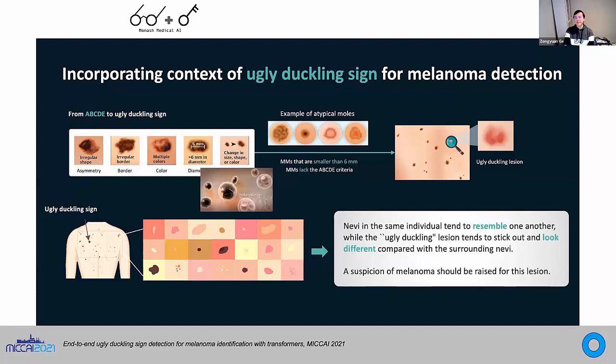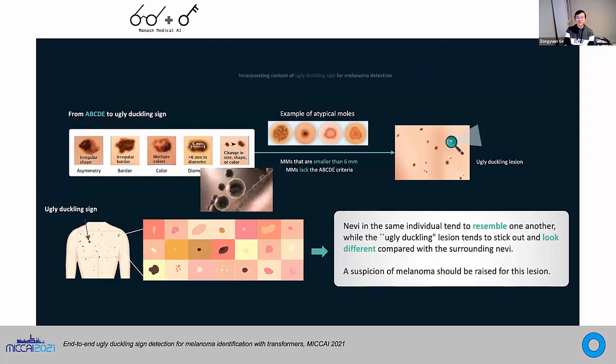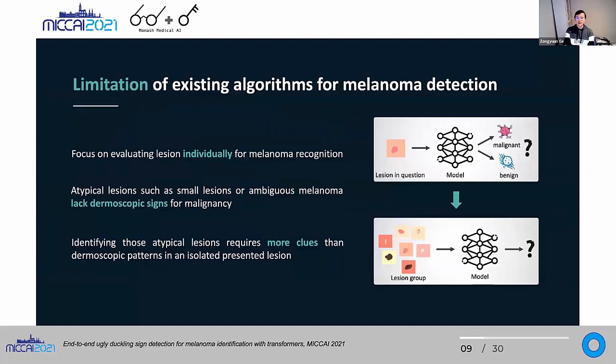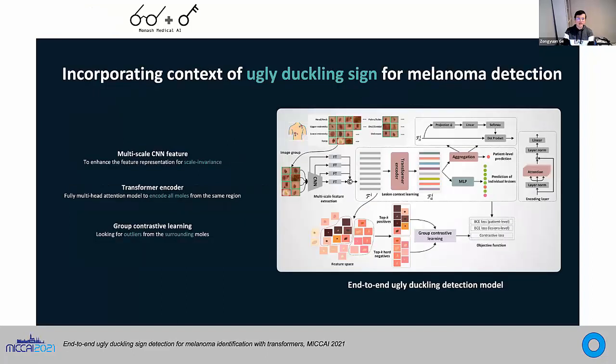So in terms of the technology, we want to train a neural network not just taking a single lesion, but a group of lesions together into the model, and not just the model itself, but also modeling the correlation between various kinds of lesions. So that's the overall architecture, with 3 main technical innovations. It's okay if you don't understand it, but basically we learn the multi-scale features from every single image.